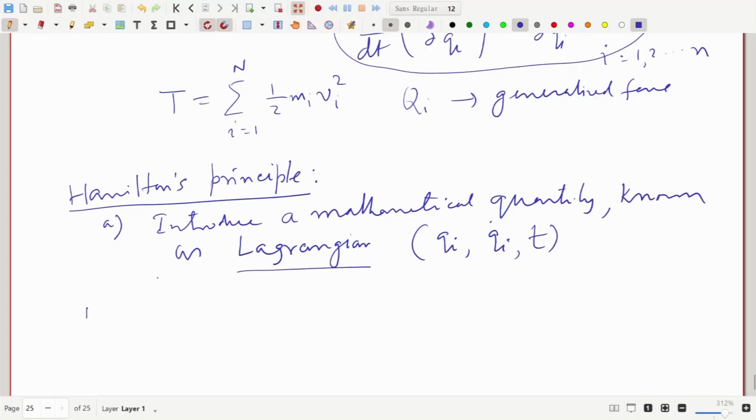Now the second part is more important. It tells us what this Lagrangian should be such that we can find the equation of motion.